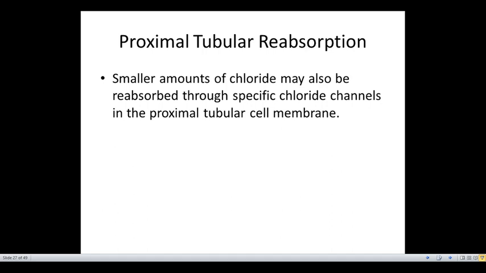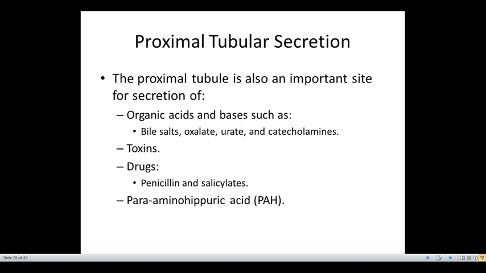Now, in addition to the reabsorption, the proximal tubule is also an important site for the secretion of, number one, organic acids and bases such as bile salts, oxalates, urates, and catecholamines.